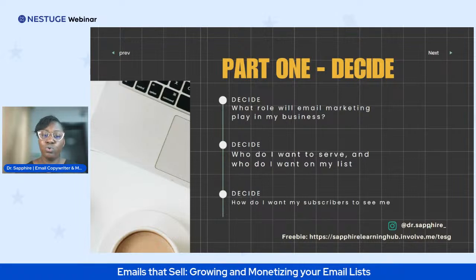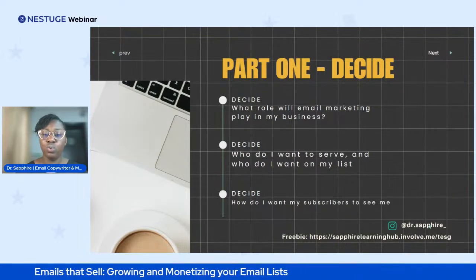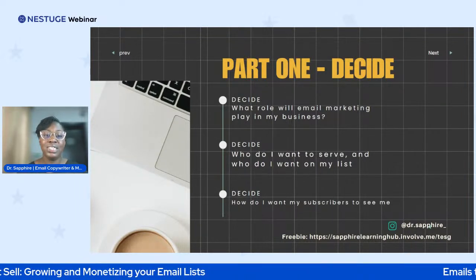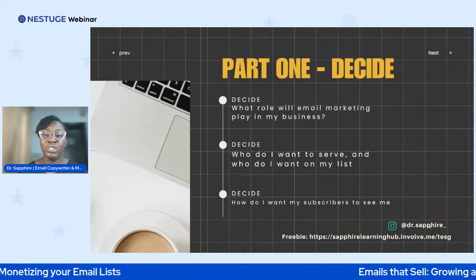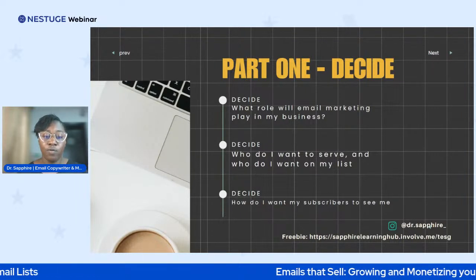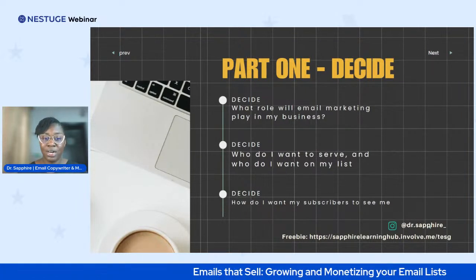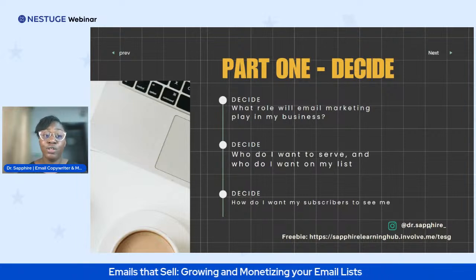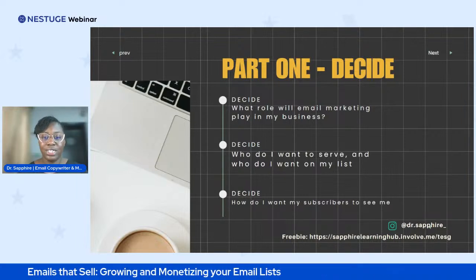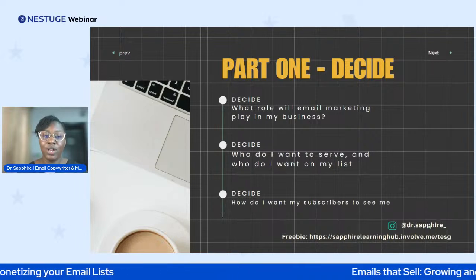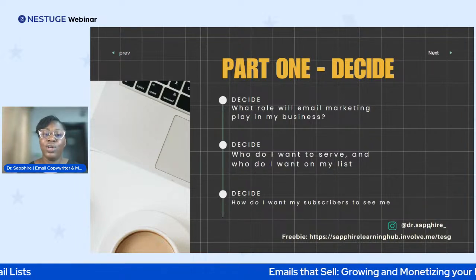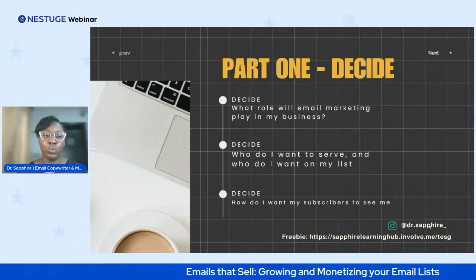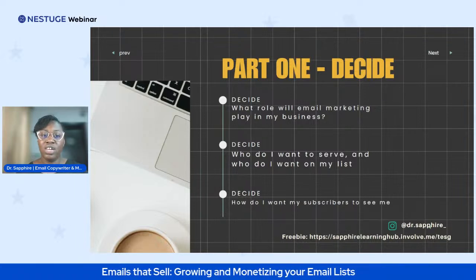Now, number two, who do you want to serve and who do you want on your list? One of the mistakes I made when I first started was thinking that my email list was for everybody. So I created a lead magnet, something to attract subscribers, and I was getting people until I realized they were not the people I wanted. They were the people who would come in but never buy, because what I was doing was not what they wanted.